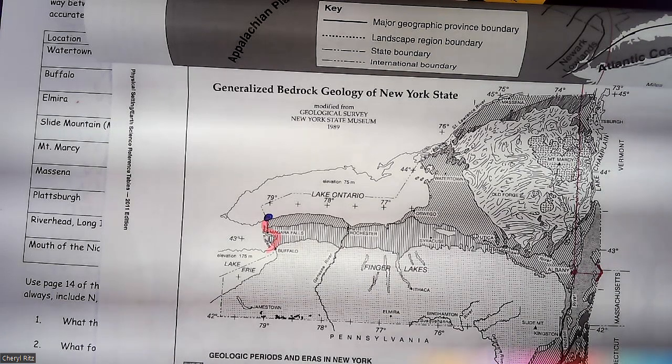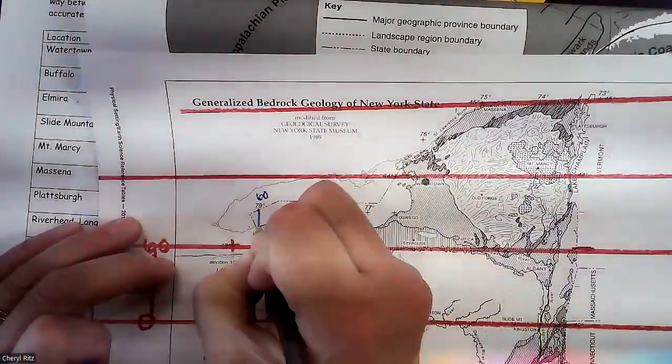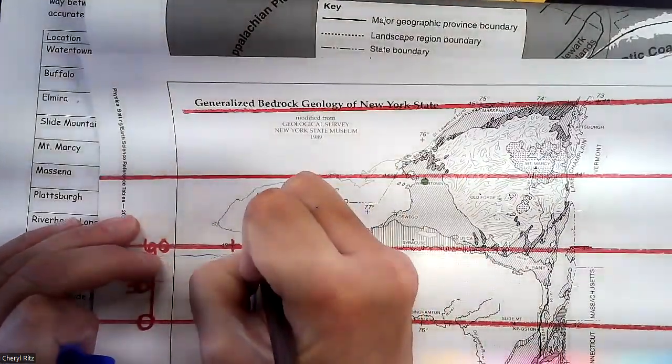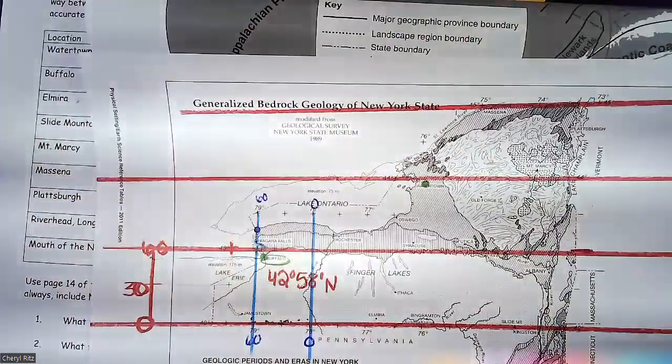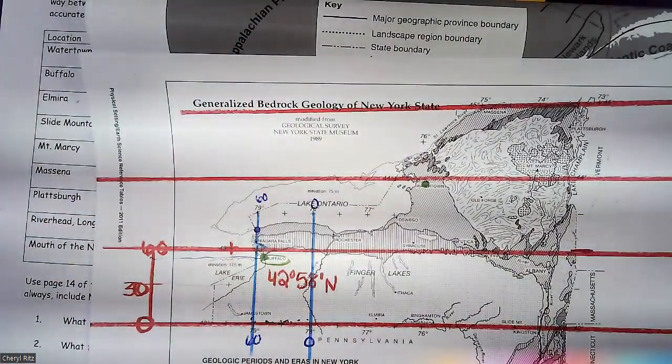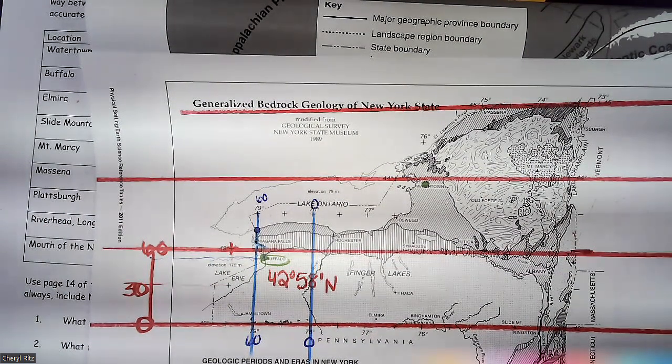All right, I am gonna break out one that has lines on it for this. So we're talking about right there. Latitude first, always do the flat ones first. It's not on one of my red lines, so I know I'm gonna have to include minutes. What'd you guys say? 42.9.